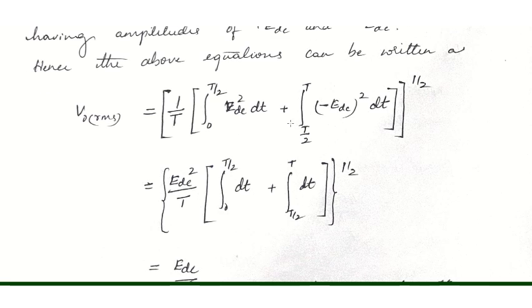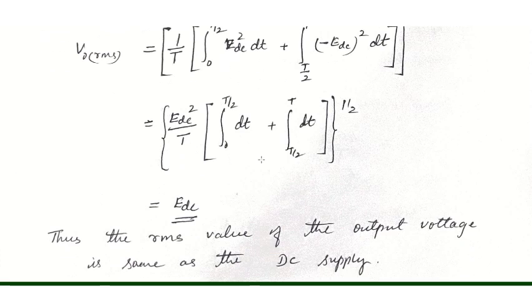So when you take EDC square outside, EDC square by T, inside you end up with 0 to T by 2 limits with respect to dt and T by 2 to T with respect to dt. Of course, everything under square root.